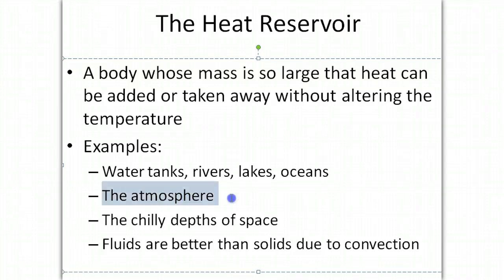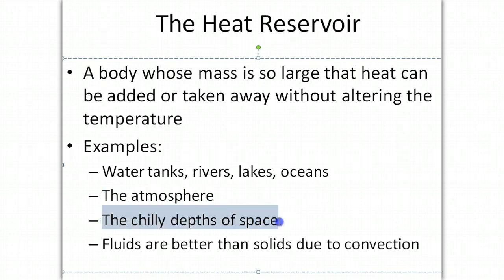The atmosphere is also a great place to put excess heat, except that we can do other things that might affect the temperature of the atmosphere. But generally, adding the heat that we add to it isn't the cause of it.